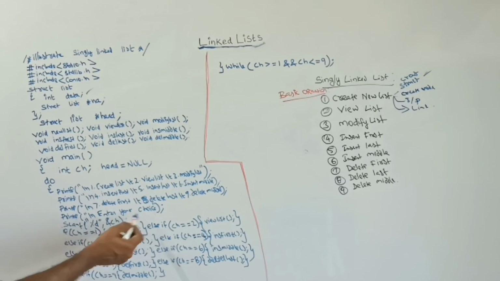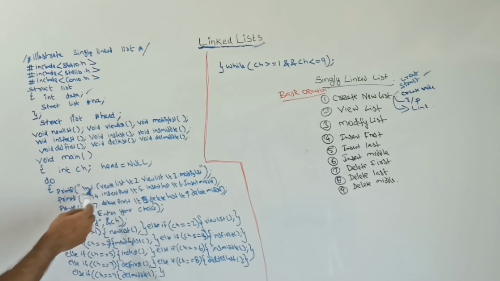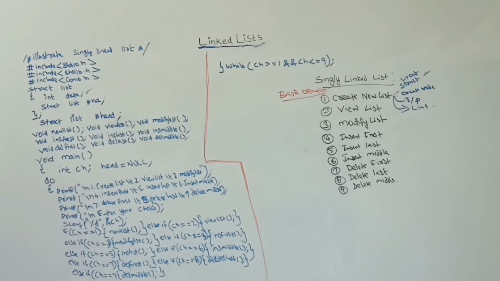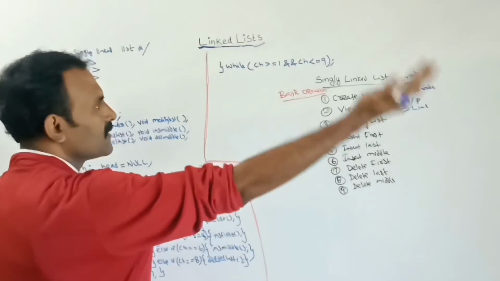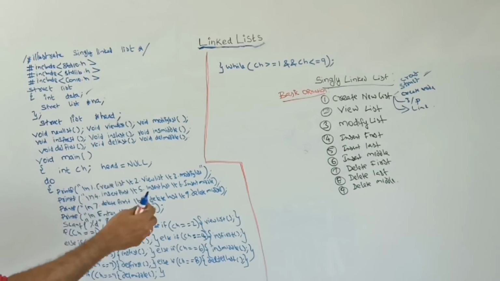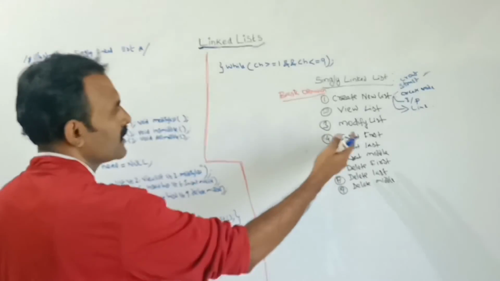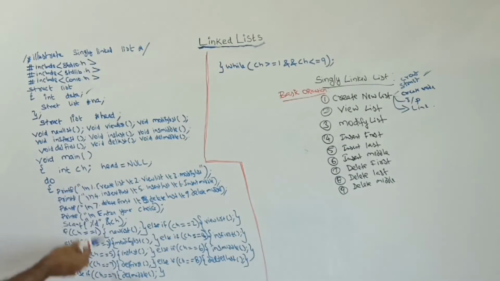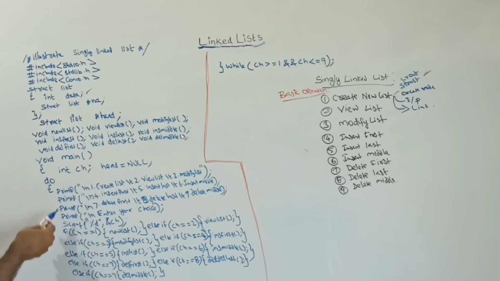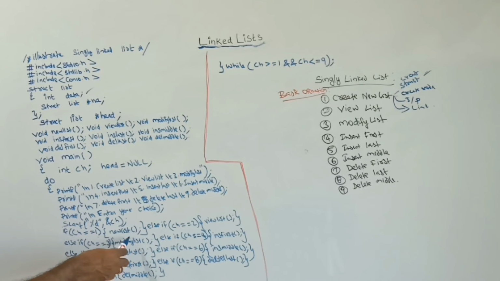Next it will ask you to enter your choice. If you select any one of the numbers on the keyboard, the corresponding function will be executed. If you give 1, then the create list function will be called from outside the main function. In the same way, for insert and other operations, depending on what operation you need, you can select it by number. Suppose you give 1, then in the if condition, if it is 1, I call the new list function.